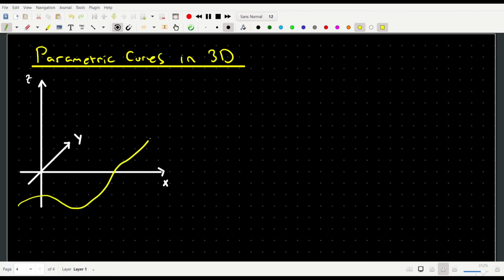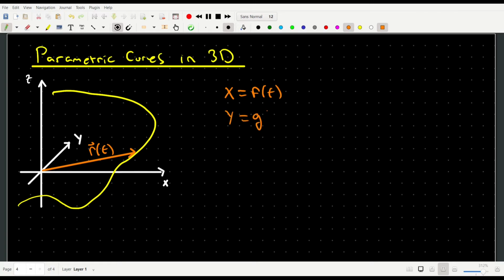And what's nice now is that we also have our tool of the position vector from the vector stuff that we've just been doing. So I can always describe a parametric curve by its position vector at a point r, which is a function of some parameter t. Right? Before, when we defined a parametric curve in 2D, we had a parametric curve is a curve with x is a function f of t, y is a function g of t for t in some interval from a to b.